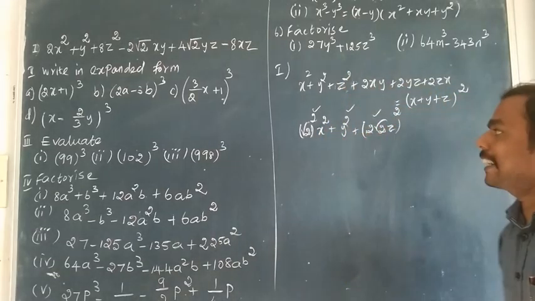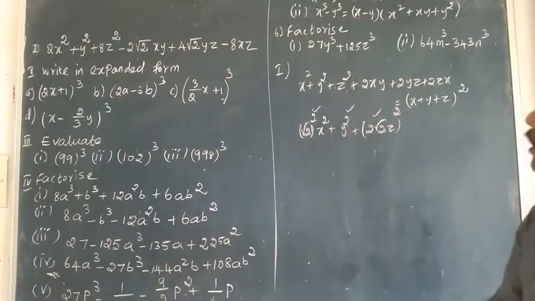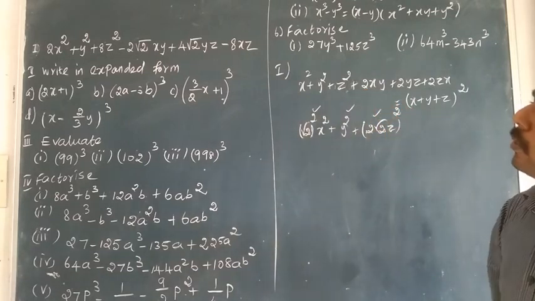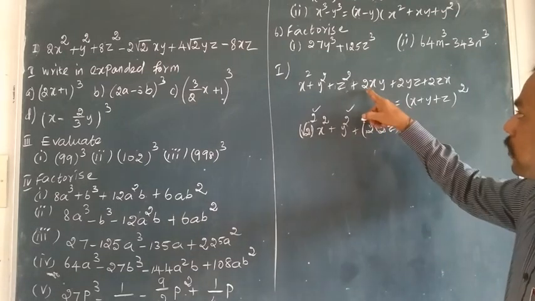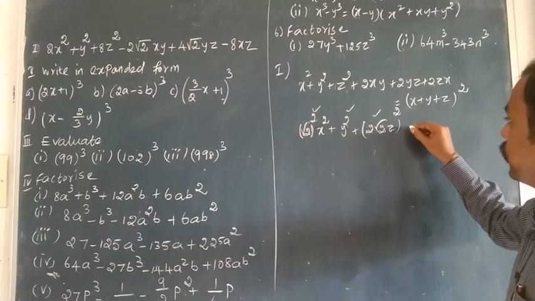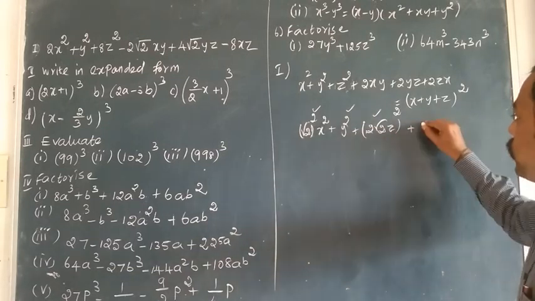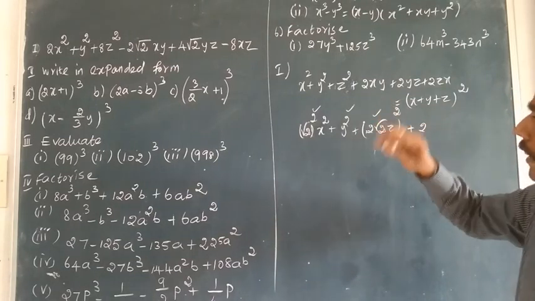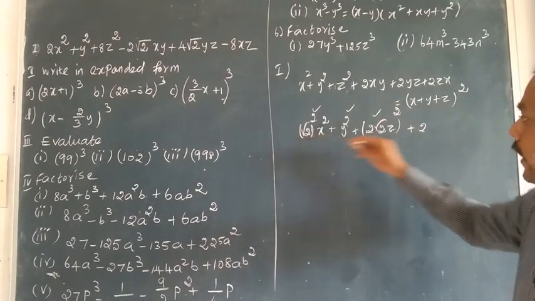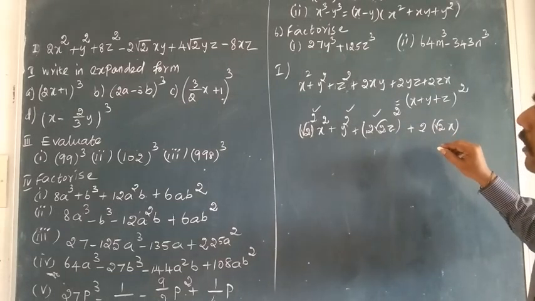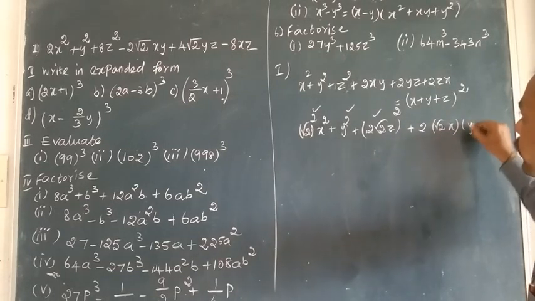If x is negative, we are going to compare with the 2xy form. So 2 is already given, so no minus for that. We need to put plus 2 into root 2 into x, already root 2 into x, so root 2 into x next into y.